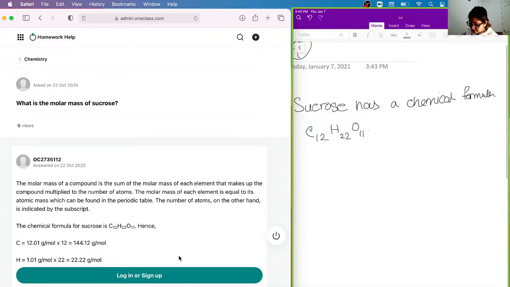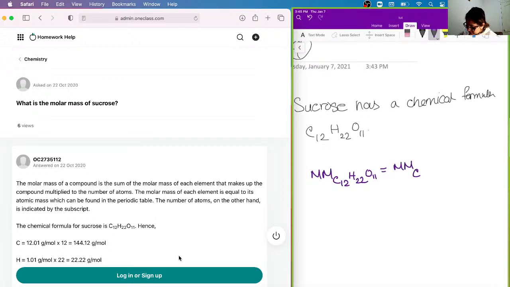And to now find the molar mass of sucrose, we would break this down into 3 individual elements: carbon, hydrogen, and oxygen. First we have the molar mass of 12 carbon atoms, and we would add this to the molar mass of 22 hydrogen atoms, and lastly, the molar mass of 11 oxygen atoms.